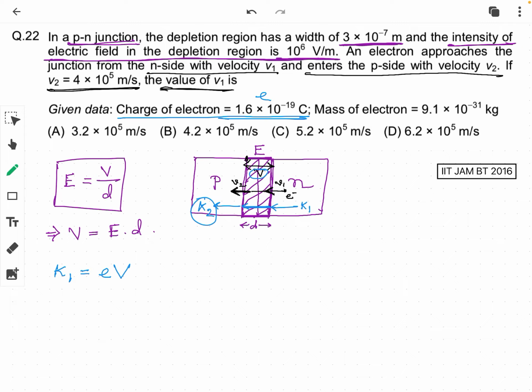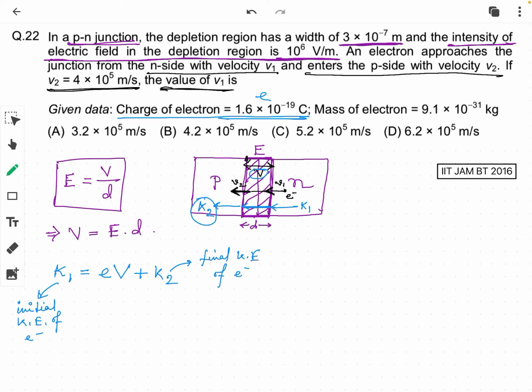So we can write that K1 is equal to eV plus K2. Where K1 is the initial kinetic energy of the electron, and K2 is the final kinetic energy of the electron.